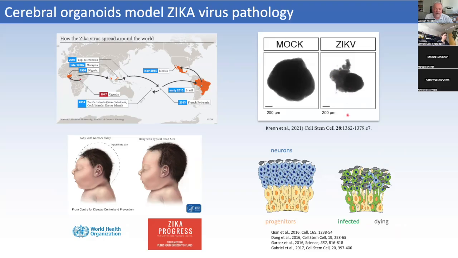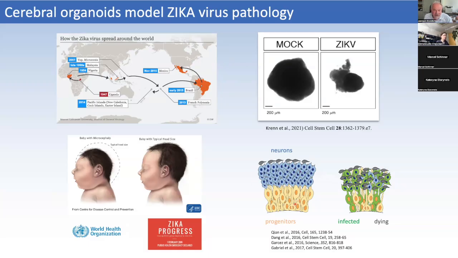And through a whole lot of experiments that I don't have the time to show you, it was demonstrated that the Zika virus specifically infects only progenitor cells when they are dividing. And this is also why fetal brains are very susceptible, whereas adult brains are not, because in adult brains, there's only neurons and the virus cannot infect neurons.